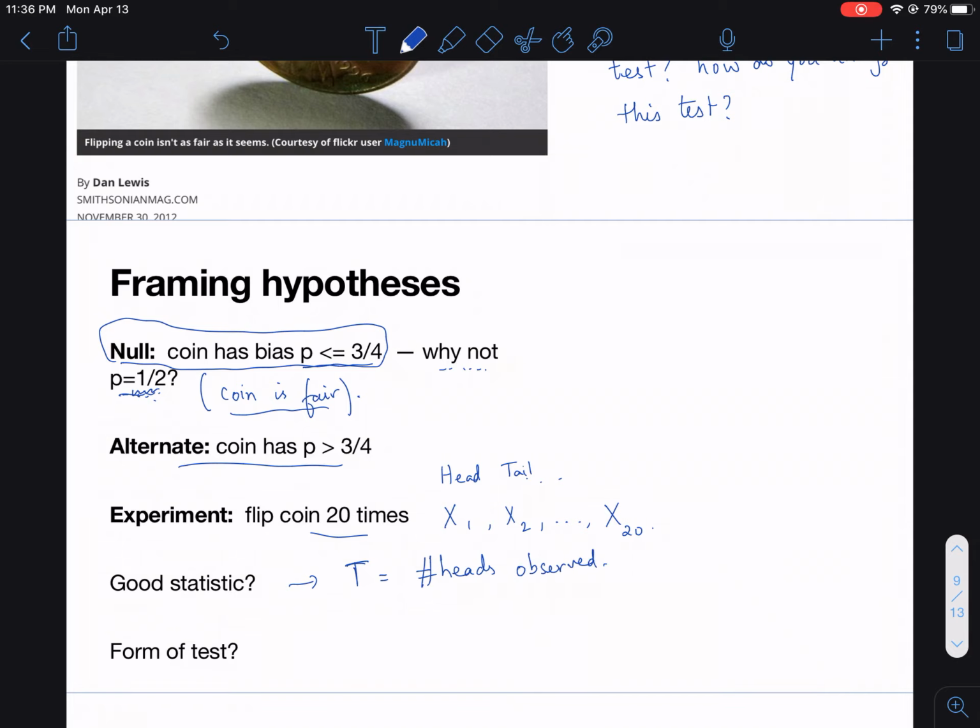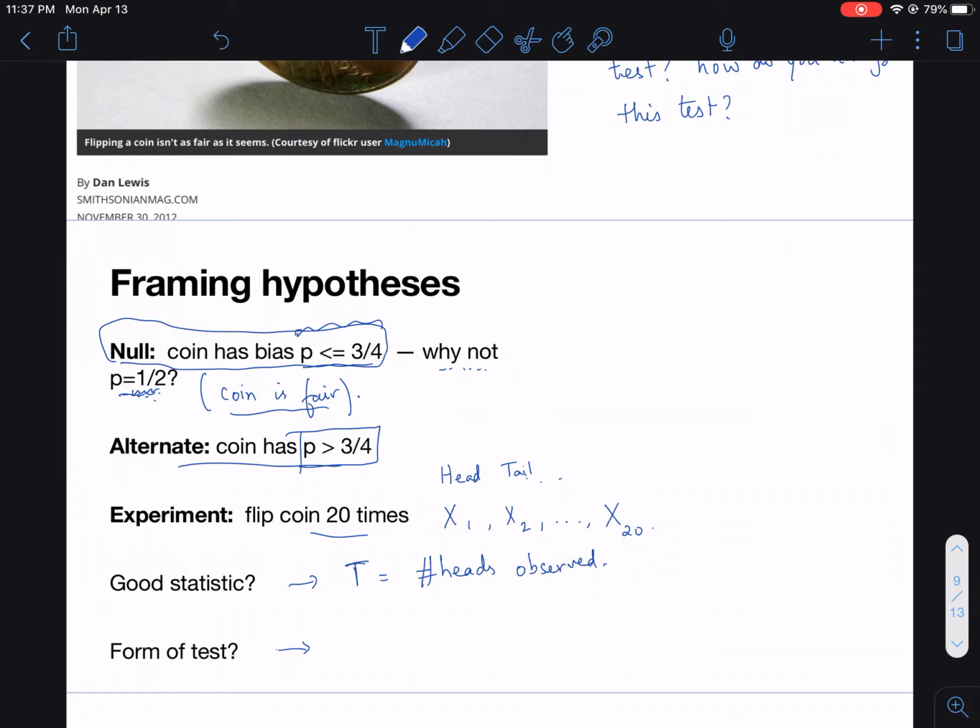And what would be the form of this test? So if p is in fact more than 3/4, you would expect to see a lot of heads. But on the other hand, if p were less than or equal to 3/4, you don't expect to see a lot of heads. Remember, your goal now is to build evidence against the null hypothesis.